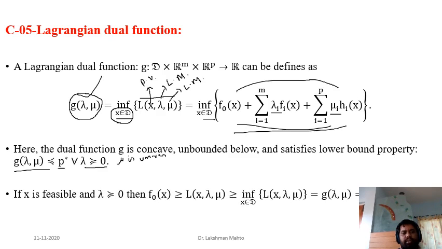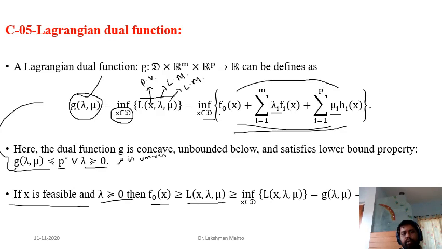Suppose x is feasible. One proof regarding this I have already discussed; whatever things I discuss here, the proof is already highlighted here, and this one is an analytical proof. Suppose x is feasible and lambda is component-wise greater than or equal to 0, then definitely the objective function will be greater than the Lagrangian. Why would it be greater?